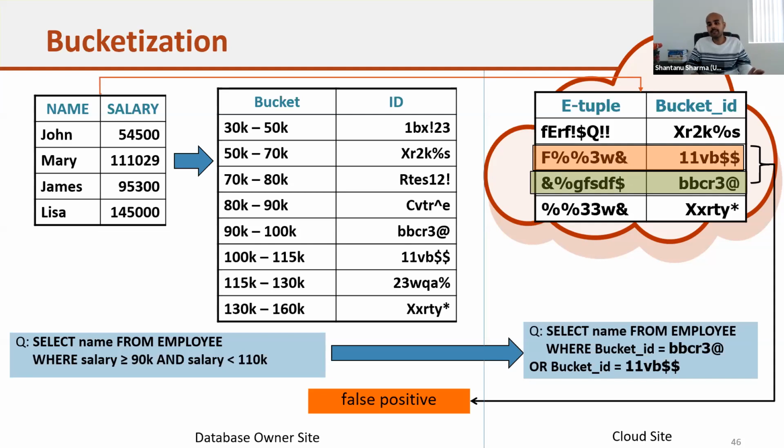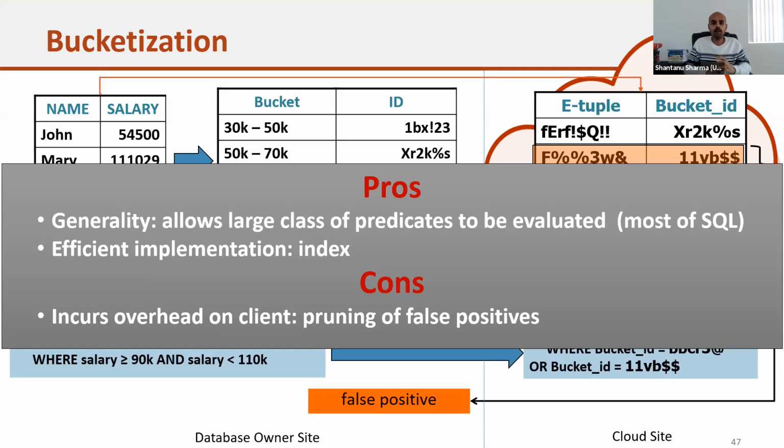But the problem is that in this case I will get false positives, which means some overhead. The user needs to filter out all the useless results at his side. But there are some advantages: you can execute several types of SQL queries on this data based on the bucket ID. The disadvantage is that the user needs to perform some work to remove the false positives.